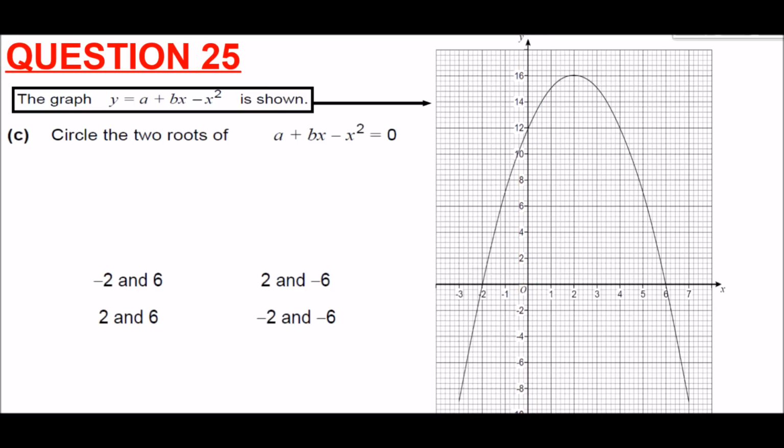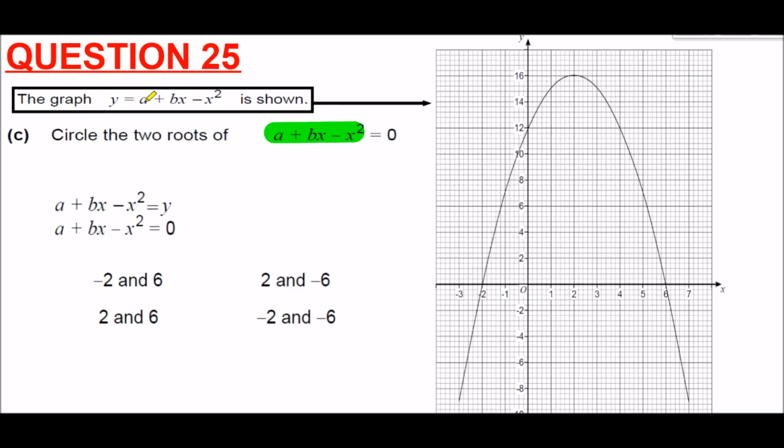For part C, if we look here, this equation here is the same as what y is. So if I just show you this, what we're asked is to find the roots of when this equals 0. But this equation here, you should be able to just spot.